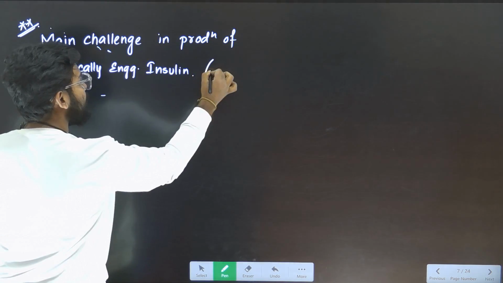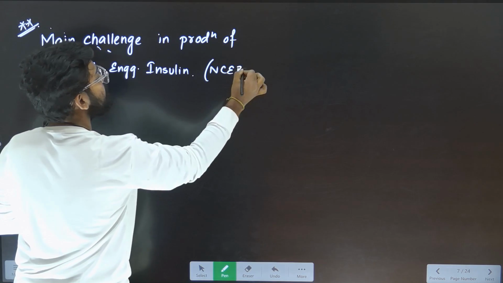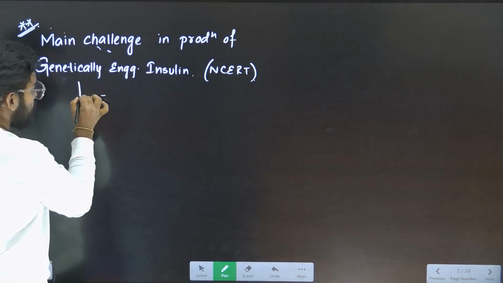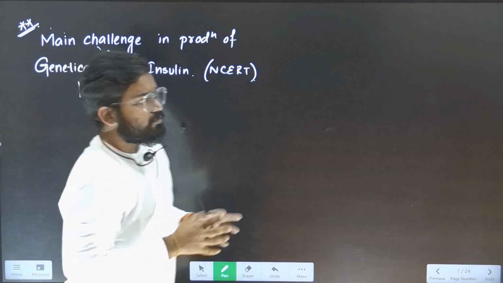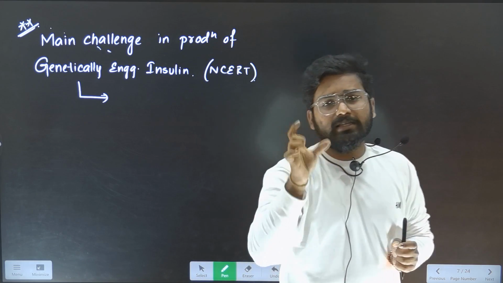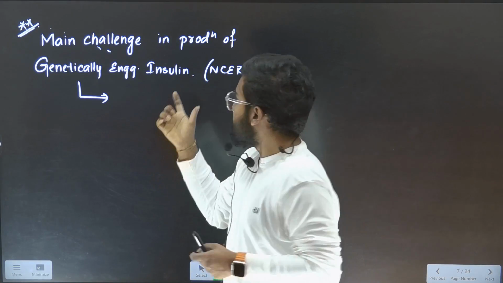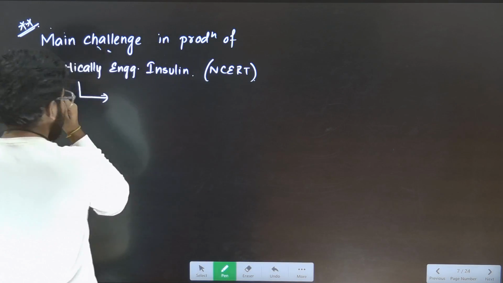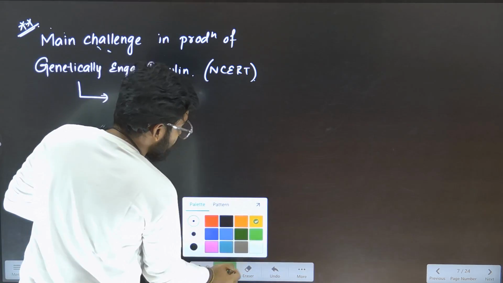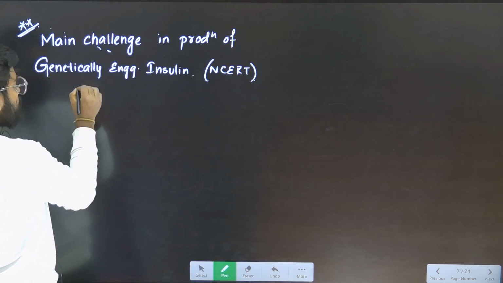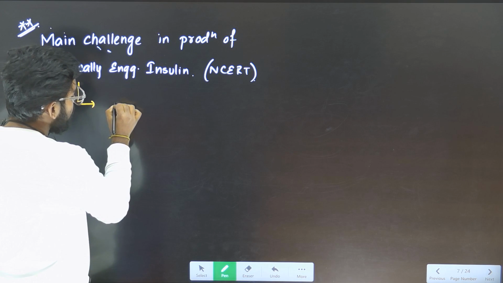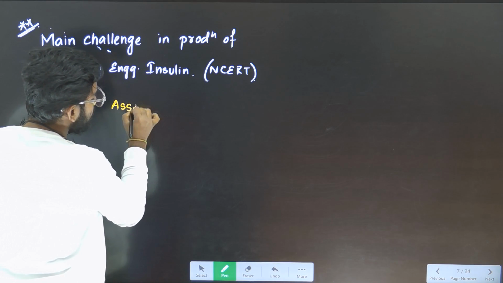This is a line directly from the NCERT. When the question asks you what is the main challenge for the production of genetically engineered insulin, the answer will definitely be something like the assembly.